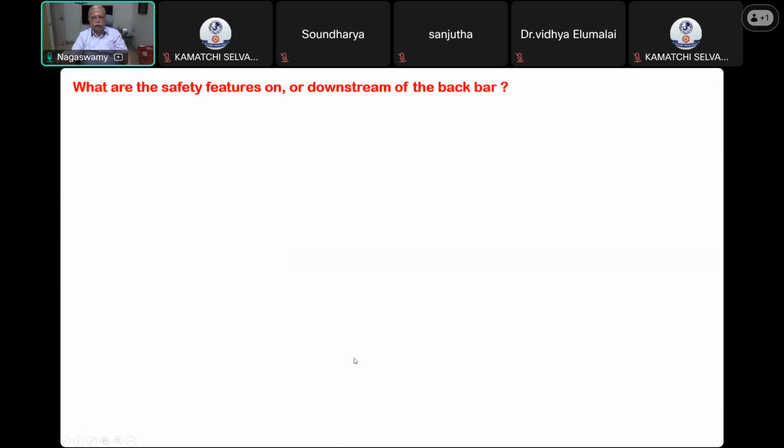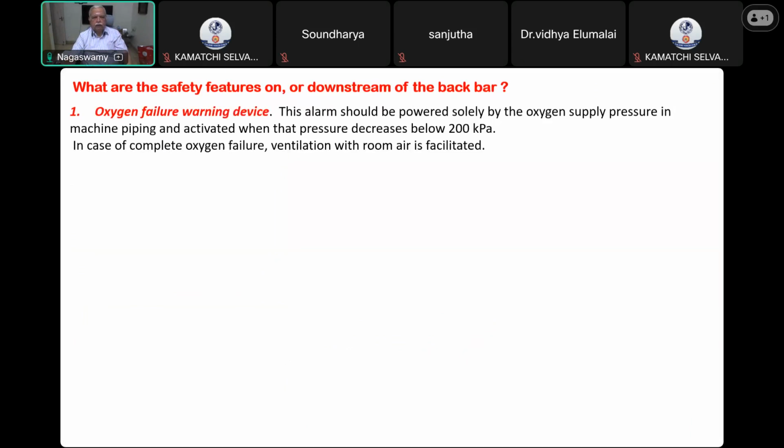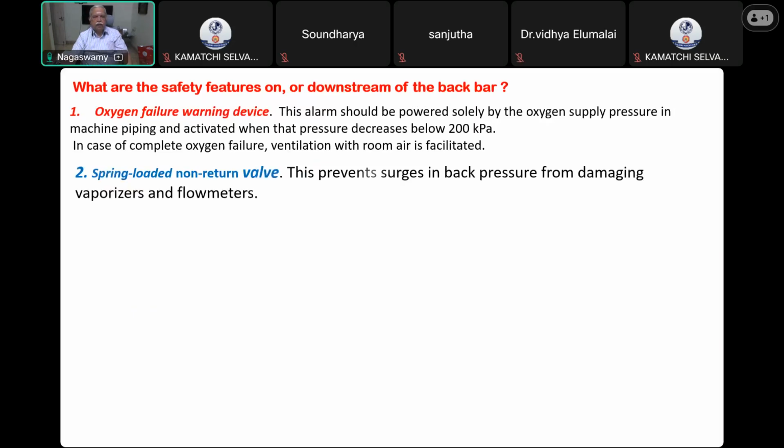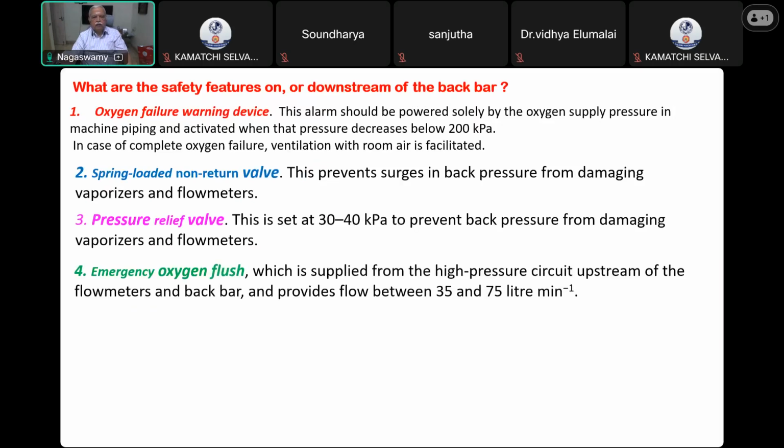What are the safety features downstream, on the back bar of the anesthesia machine? Well, these are 4 things we'll have to remember. One is the oxygen failure warning device. Second is a spring-loaded non-return valve. Then there is a pressure relief valve, and there is an emergency oxygen flush.